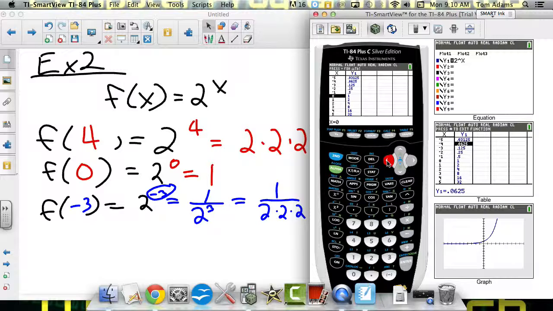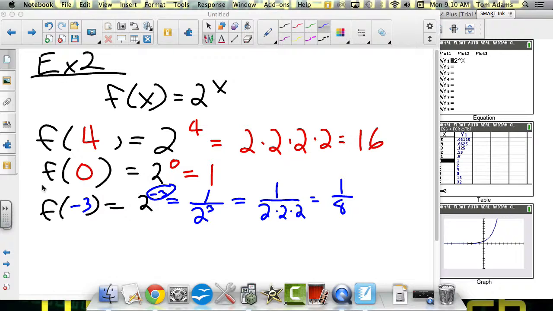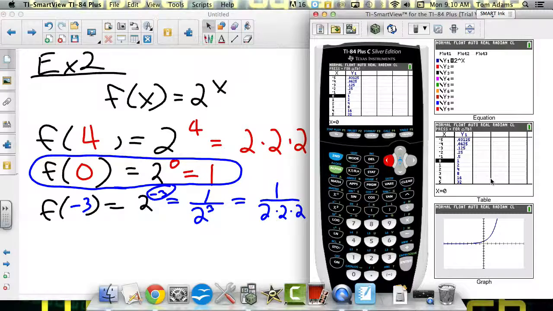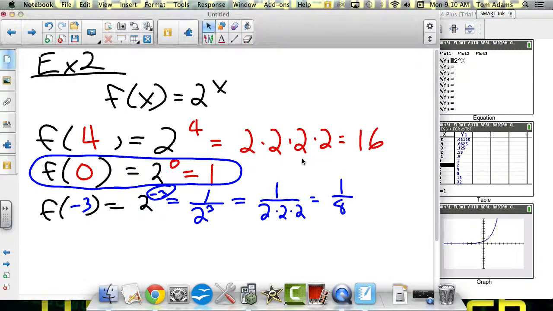Okay. So when that's this number right here. This stuff right here is what we plugged in, and we got y equals 1. And when we plugged in x equals 4, we got y equals 16, which is what we got here. Right? That's what we got right here.